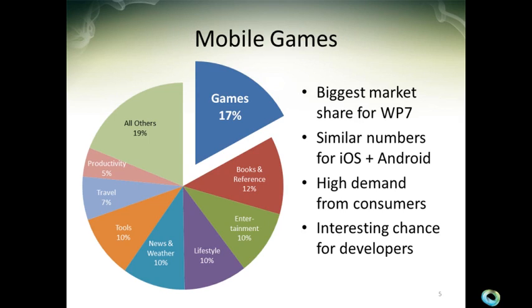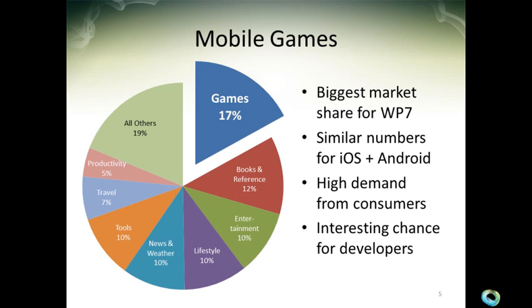Okay, so now when we take a look at mobile games in general, we can see the same picture throughout all the mobile platforms on the market, at least the big platforms. And what we see is that games always have the biggest market share in all marketplaces. Here we see the numbers for the Windows Phone marketplace.